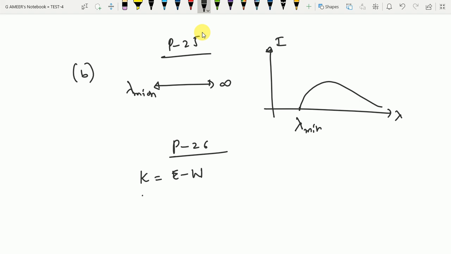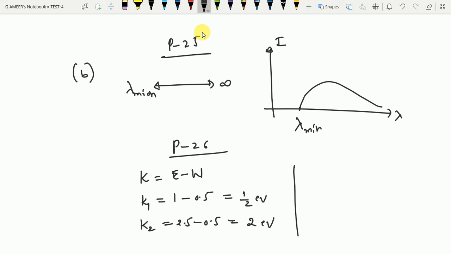The first one has the energy of 1 and work function is 0.5, so I get K1 as 1 by 2 electron volts. The second one, K2, is 2.5 minus work function 0.5, which is 2 electron volts. So we need the ratio K1 is to K2, which is 1 by 2 is to 2, so K1 is to K2 is 1 is to 4.